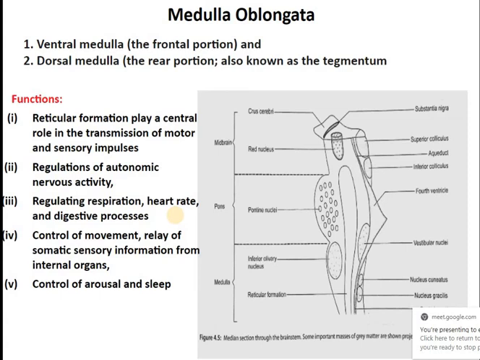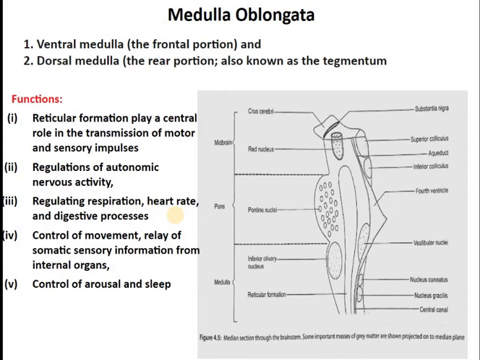That means, suppose you have to regulate the respiration, the neurons present in the medulla oblongata can sense the information coming from the stretching of the different regions in the chest wall, and this information is conveyed to the medulla oblongata. Like that, with the help of the pons, it also regulates the respiratory rate.